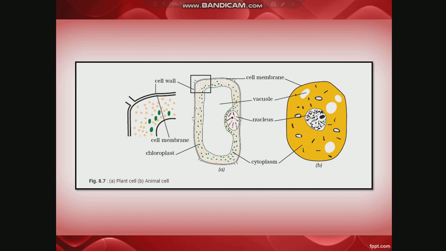Coming to diagram B, it is an animal cell, where you have only one outermost covering or layer called the cell membrane. Apart from that, in both the cells you can see the presence of vacuole, nucleus, cytoplasm and so on, but the size and the location vary in both types of cells.